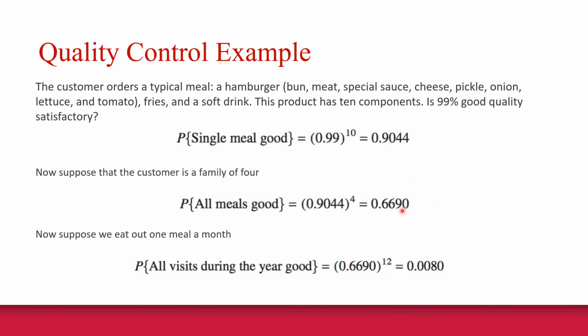Now let's say you go out and eat once a month. What's the probability that all the visits during the year are good? Well, you take this value, raise it to the 12th, and you get this value here. So that's a very low probability that in a year's time all your meals are going to be good, right? It's less than 1%.